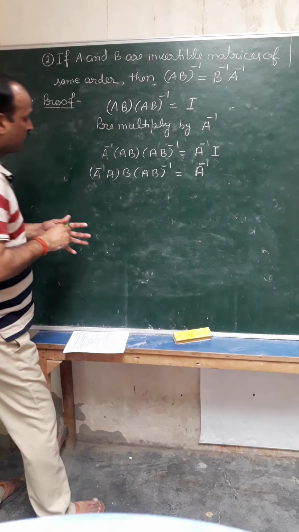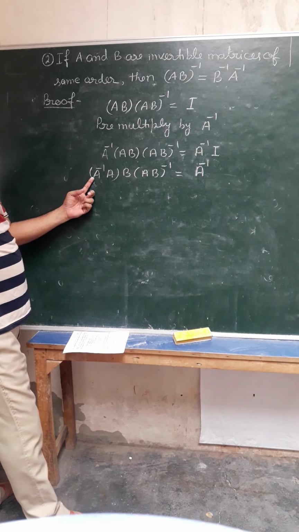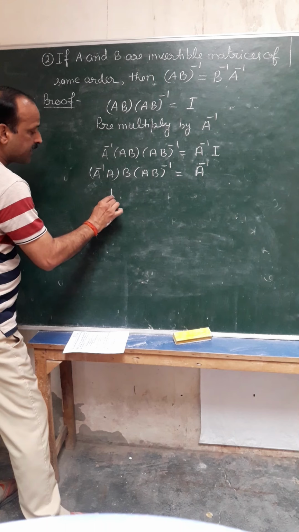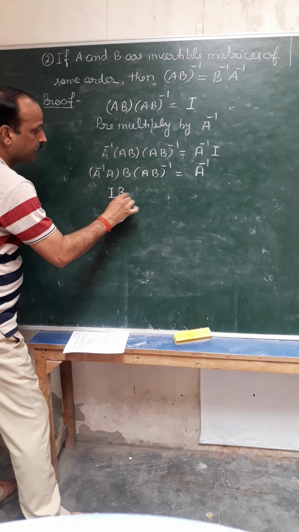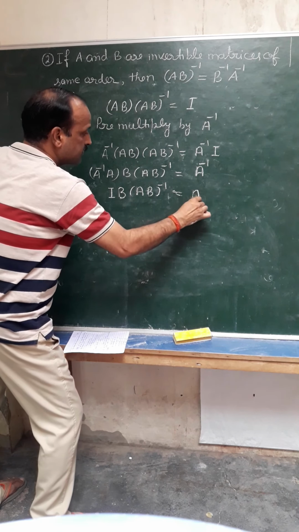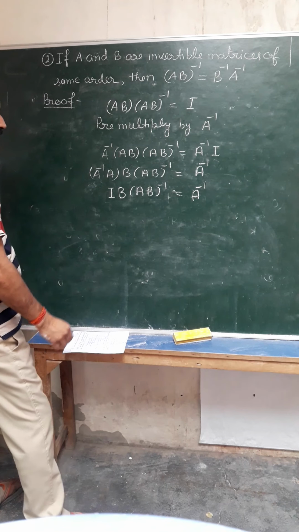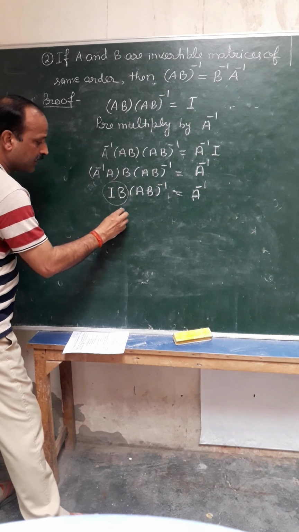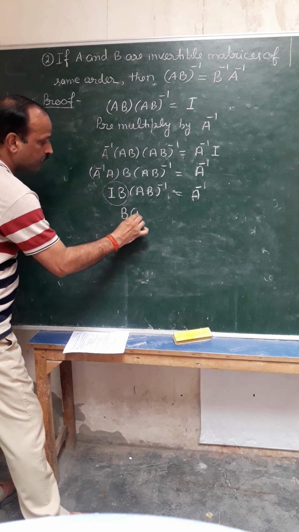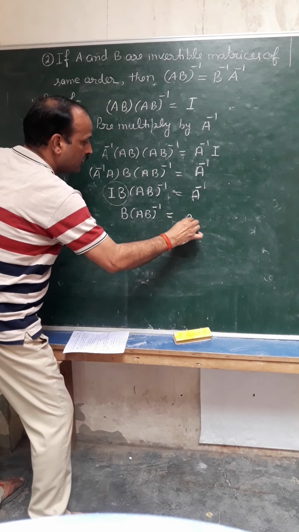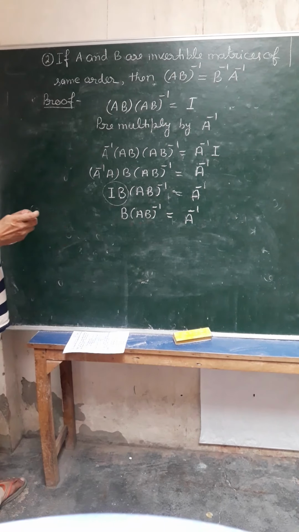Now A inverse A, again multiplication of a matrix with its inverse, is I. So B into (AB) inverse is equal to A inverse. Now what about IB? IB again becomes B. So it is B (AB) inverse equal to A inverse.